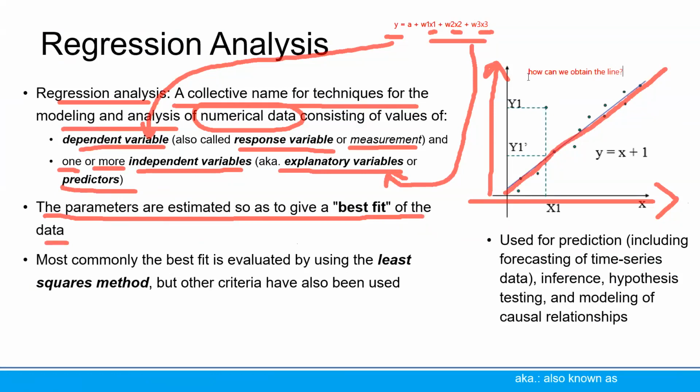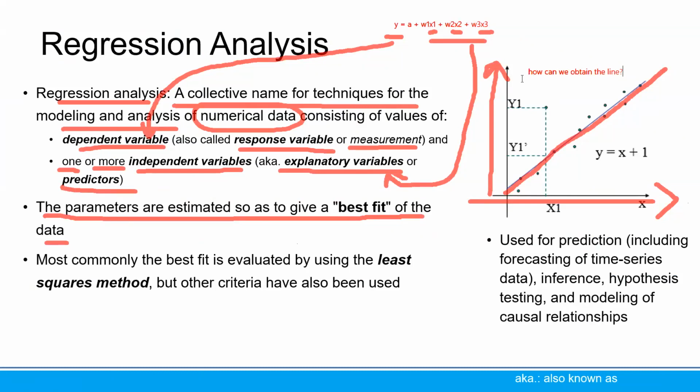So we want to see the least square method. The least square method means I want to see whether the data with respect to the line is having a small error or not. If all data have the smallest error, then we will use this line.